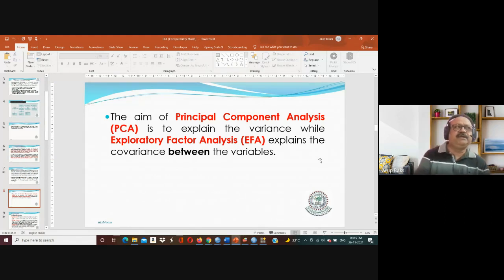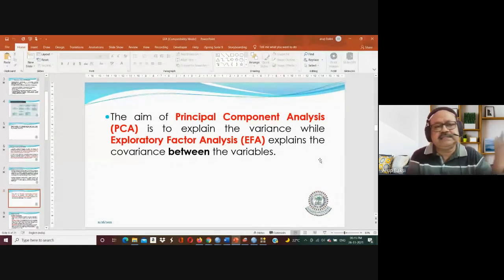Say, if you have a variable set or a data set whereby you do not have a predefined or pre-identified dependence and interdependence kind of variable distribution, so that you cannot adopt a dependence technique as a statistical process, there we go for this interdependence technique.